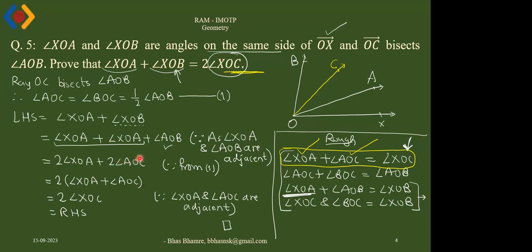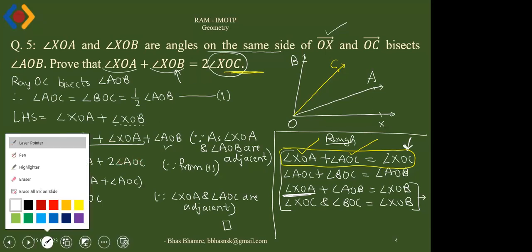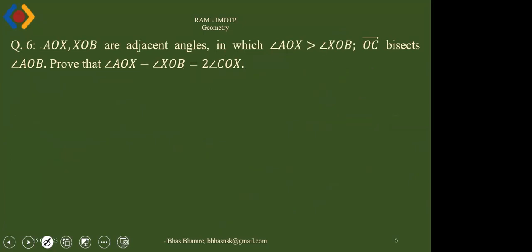I hope we got this all. Now going ahead. Question 6. AOX and XOB are adjacent angles, in which angle AOX is greater than angle XOB, and OC bisects angle AOB.